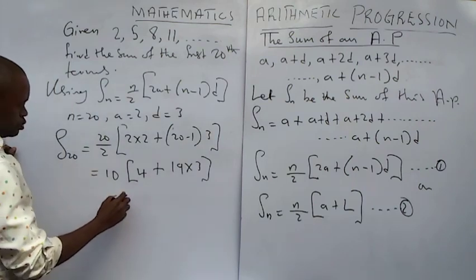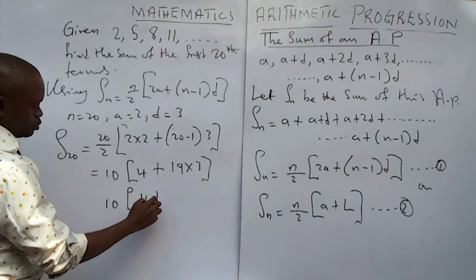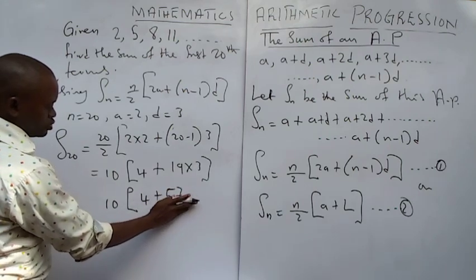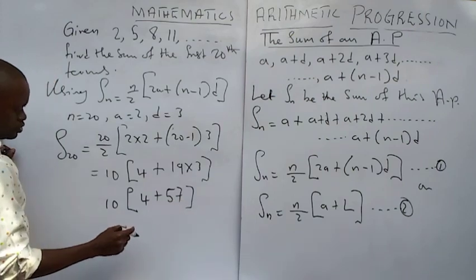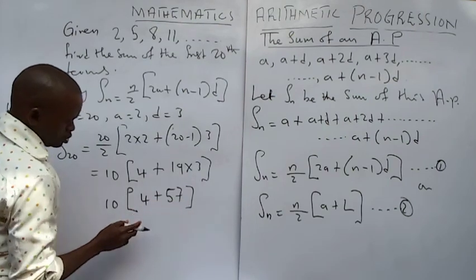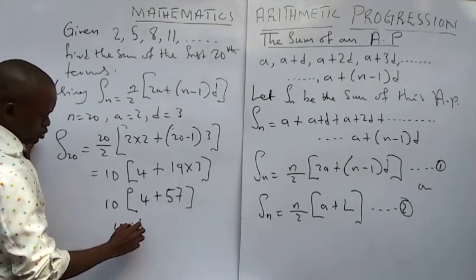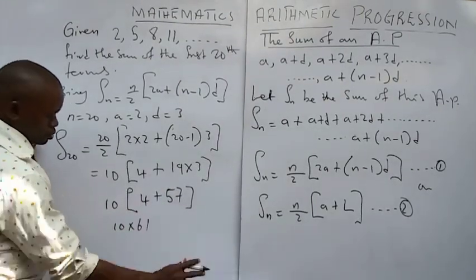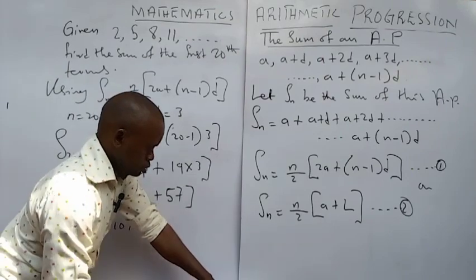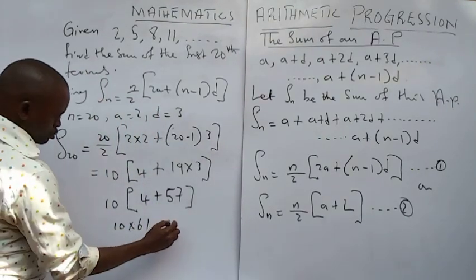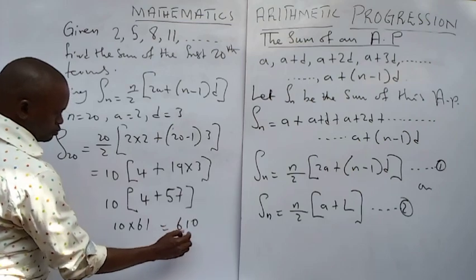So we have 10 into 4 plus 57. 4 plus 57 is 61. So we have 10 times 61. 10 times 61 will be 610.